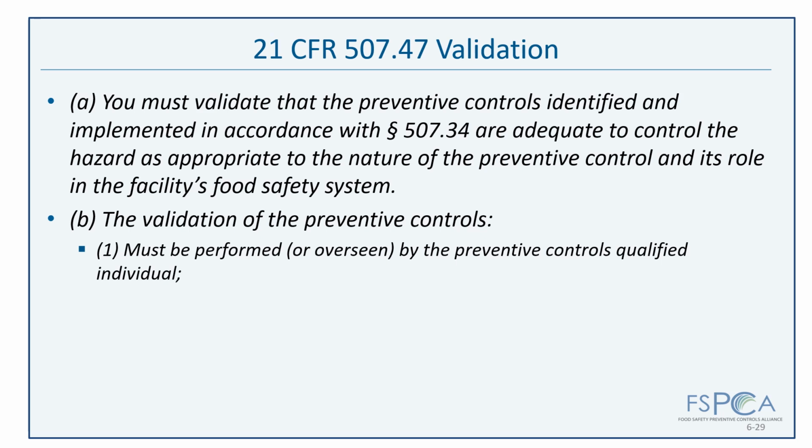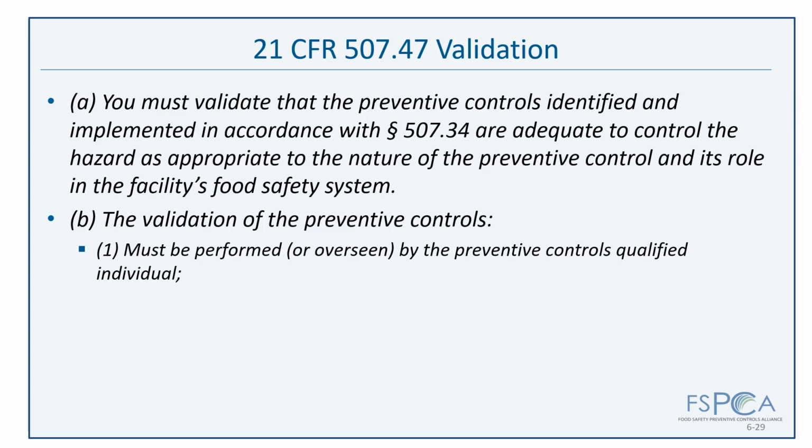The validation of the preventive control has to be overseen by a PCQI. We looked at the list of duties of a PCQI, and validation was on there. They are responsible for writing and making the food safety plan, and validation is part of that.